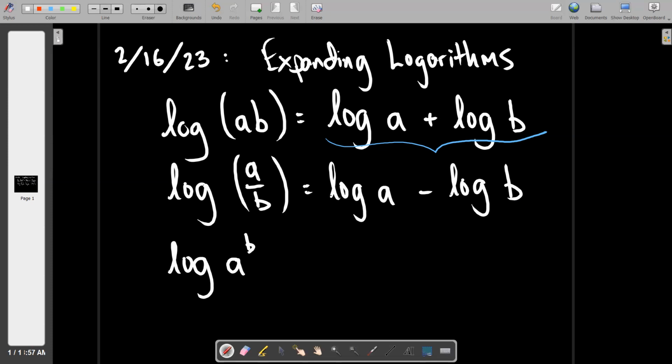Log of A to the bth. Very good. Well, you guys are really good at logs. The expansion you'll always be expected to do is to take that power, that exponent, that little b, good job, Jared, and shoot him back down to his former home in the front. So when you see something like this, you bring the b back down and do b times the log of a.